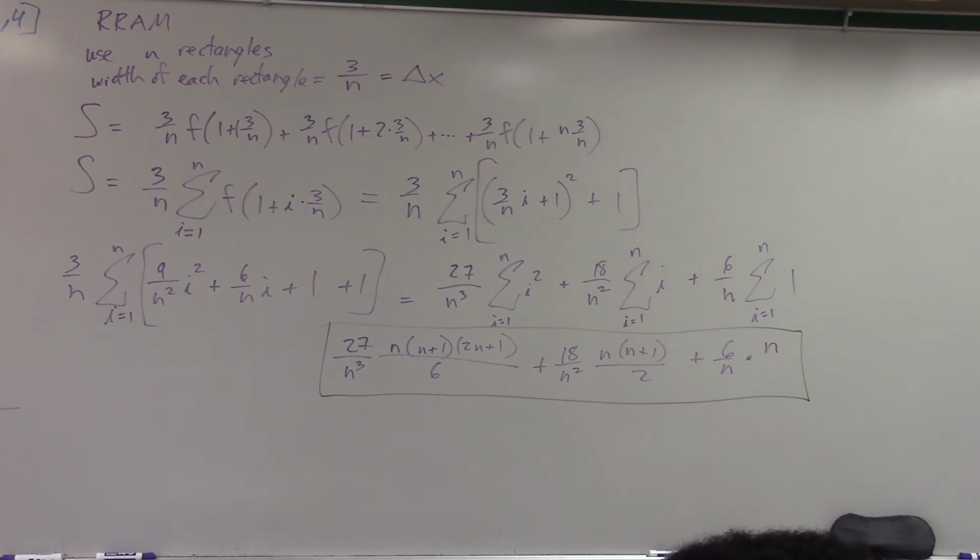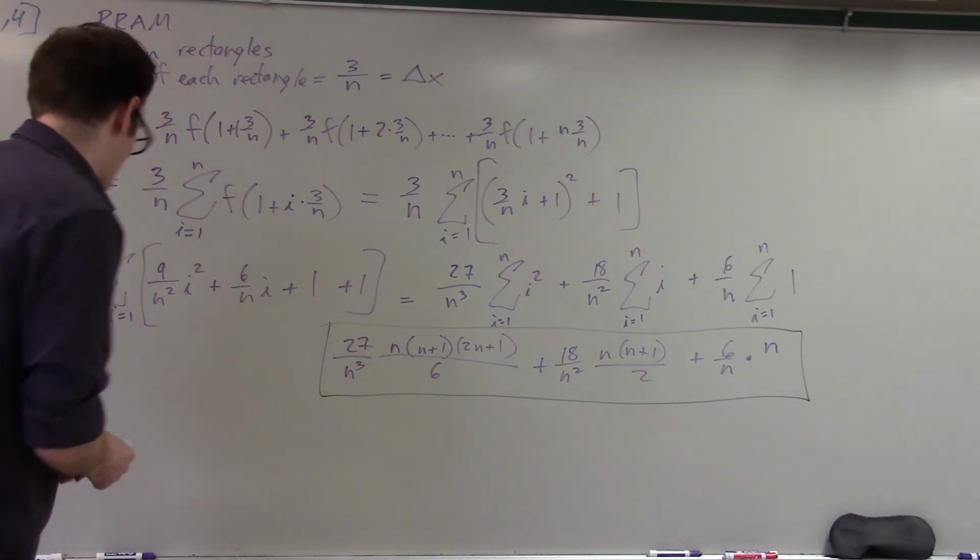Whatever this disgusting formula, you can think of this as a function. It's a function which returns the area under the curve if you use n rectangles. So this is not the exact area under the curve, it's the area under the curve as approximated by n rectangles.